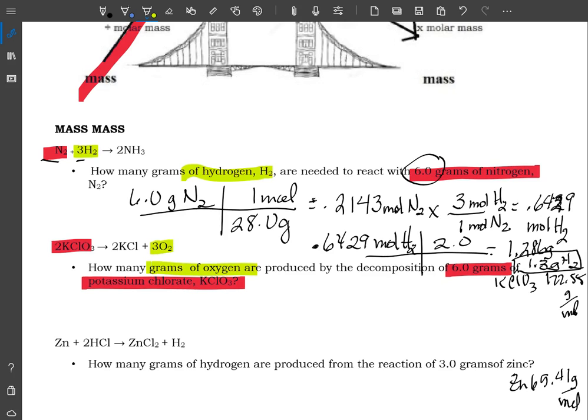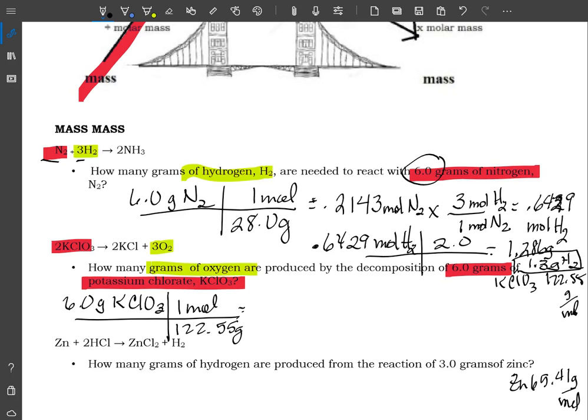So, there we go. I'm going to start with 6 grams of potassium chlorate. The molar mass of potassium chlorate, I made a note over here on the right, it's 122.55 grams per mole. You'd have to look that up or calculate it.